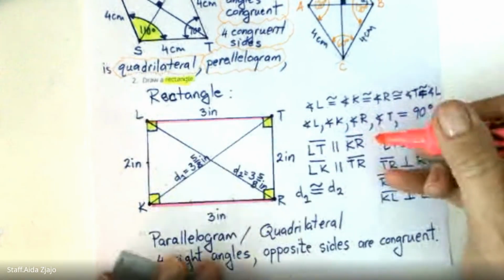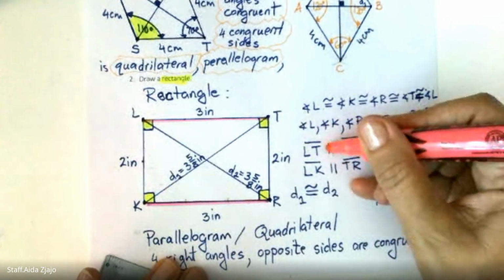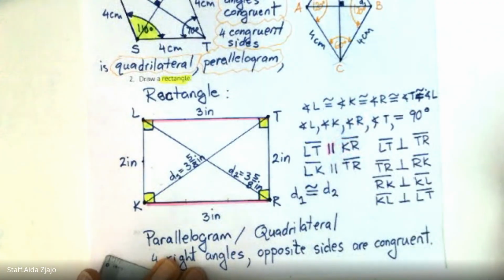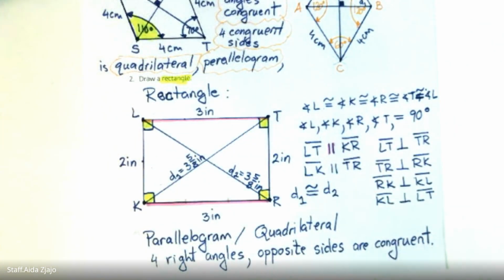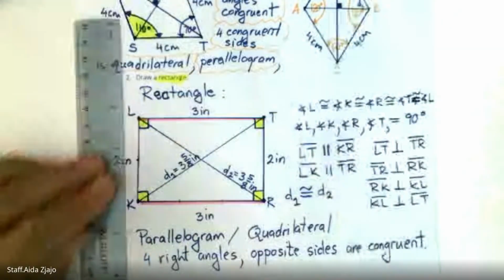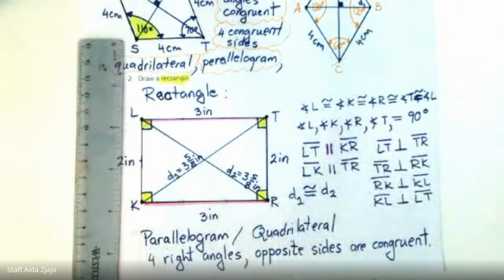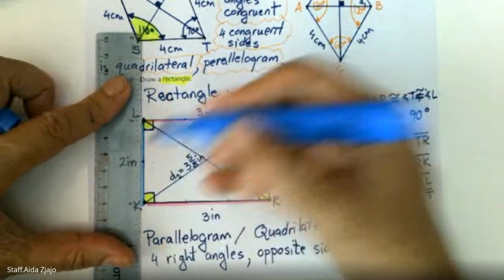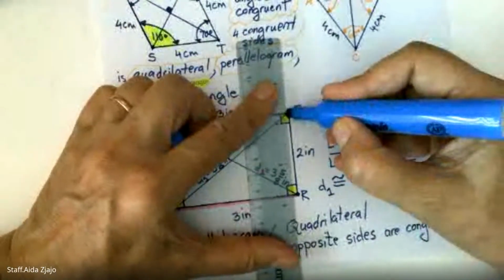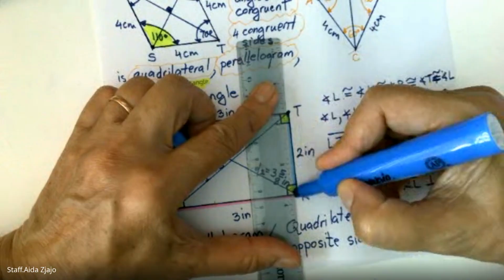So LT is parallel to KR. And this line segment is parallel to this line segment.